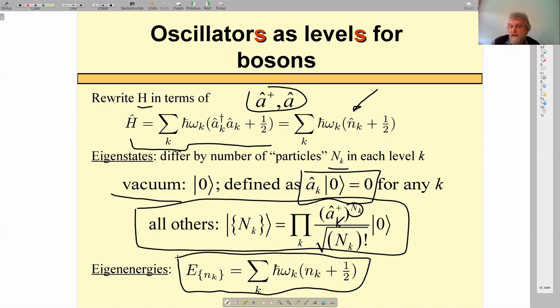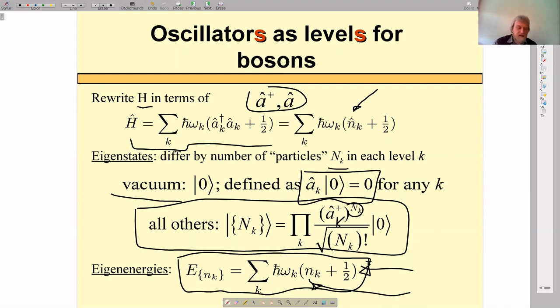That brings us to eigenenergies. The oscillators are independent, and the corresponding particles do not interact. So the energy is just a sum over single particle energies. One half is their zero-point energy. We will talk about this. Good, oscillators as levels for bosons.